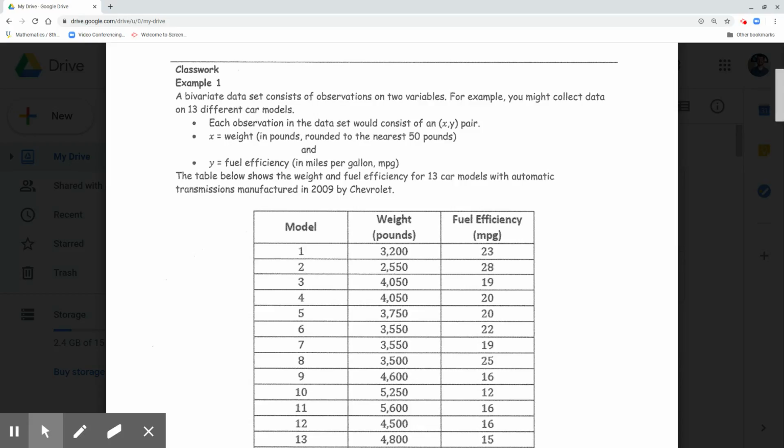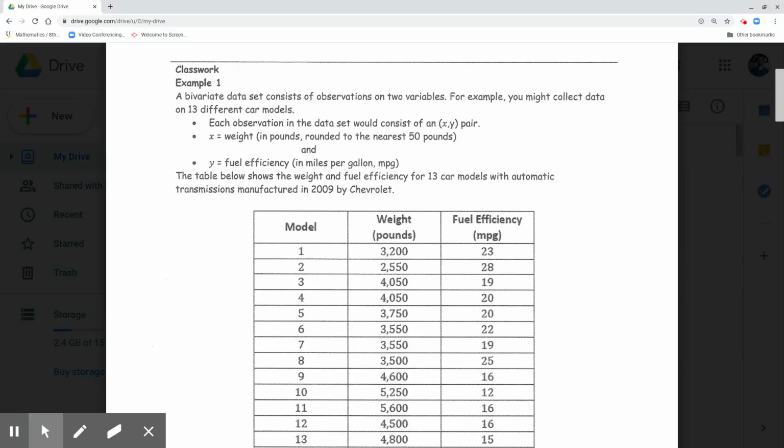Now, let's start by going through our information at the top of the page, which says a bivariate data set consists of observations on 2 variables. For example, you might collect data on 13 different car models. Each observation in the data set would consist of an X and Y pair.